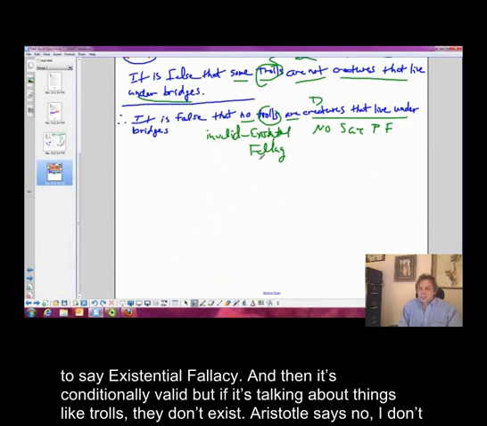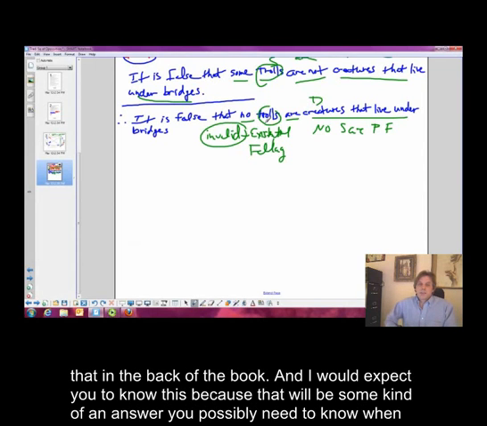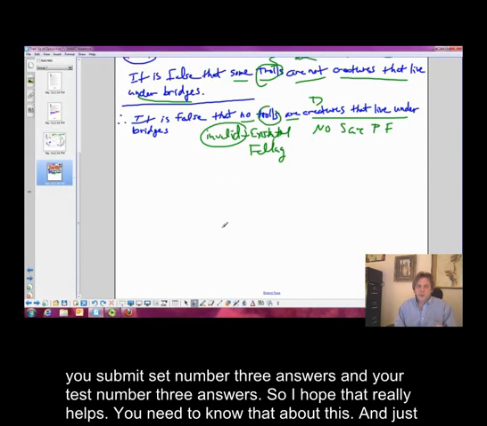It's conditionally valid, but if it's talking about things like trolls, they don't exist, Aristotle says, no, I don't like it. We don't make logical inferences about imaginary things. So your answer should be invalid, existential fallacy, and you're going to see that in the back of the book. And I would expect you to know this because that'll be some kind of an answer you possibly need to know when you submit your set number 3 answers and your test number 3 answers.